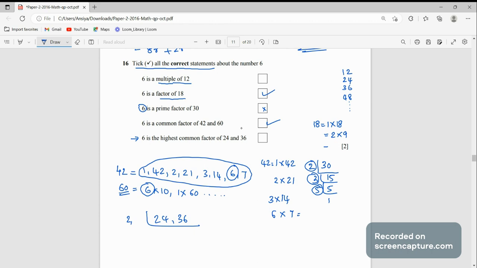We can divide both numbers with 3. Is there any other number we can do? Can we do both with 4? Yes. If we do with 4, we will get 6 fours are 24 and 9 fours are 36. Possible. What we are looking for is the highest one. Okay, I will do with 2 first. So 12 will come here and 18 will come here. Try again.